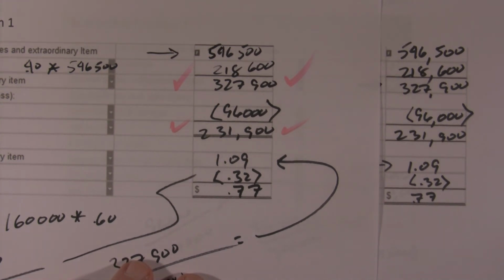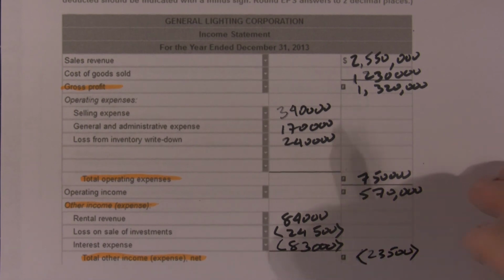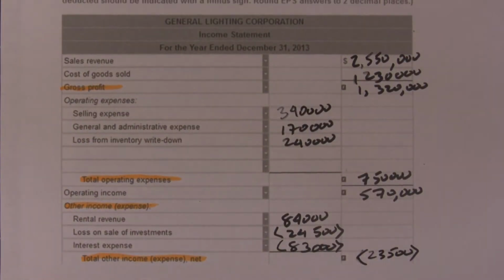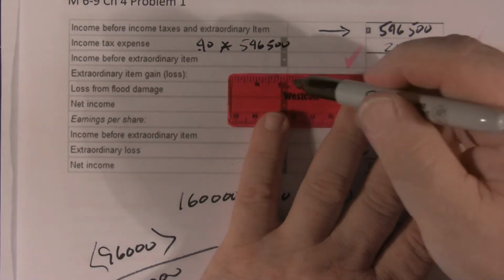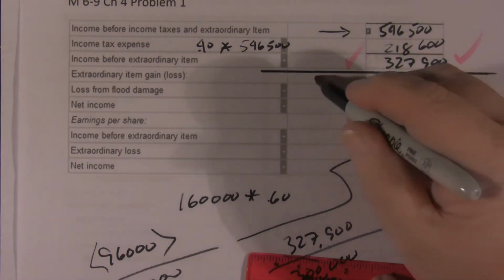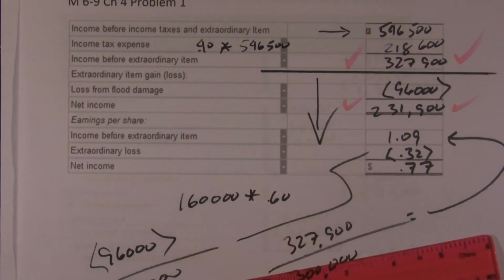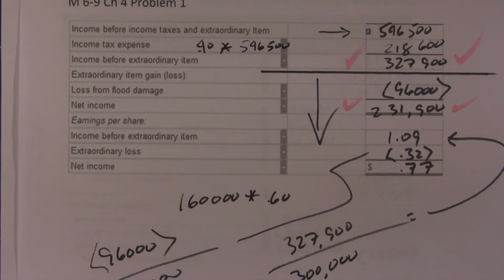So you need to make sure you're comfortable with the top part, down to the income before extraordinary item. Once you get to that piece, everything else is exactly the same. Good overall review of income statements, both single step and multi-step.